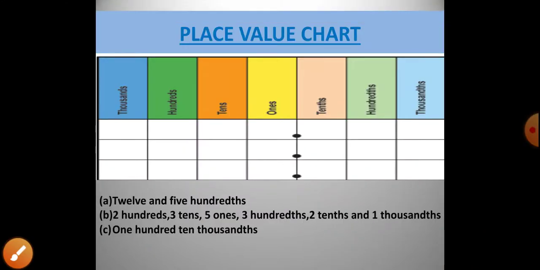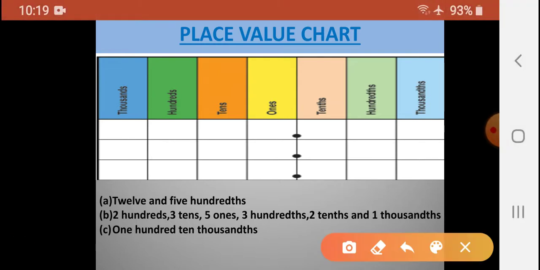Now children, let's write this in decimal form. The first example is 12 and 5 hundredths. So 12 is the whole number part and 5 hundredths is the decimal part. In 12, 2 will come in the ones place and 1 will come in the tens place. 5 hundredths means 5 will come in the hundredths place.